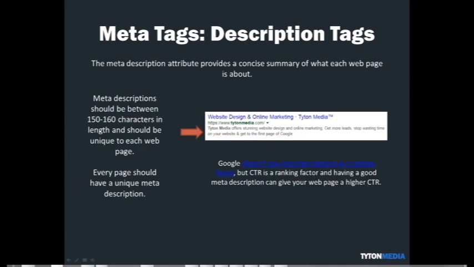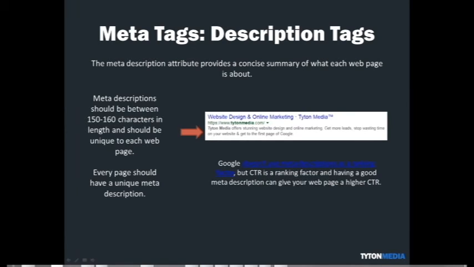So in the SERPs, Google uses the meta description as that small text description of a site that you see when you search for a site. And it's important to remember that Google doesn't actually use meta descriptions as a ranking factor, but instead it uses the click-through rate as a ranking factor. And having a good click-through rate will increase your web page's ranking in Google.